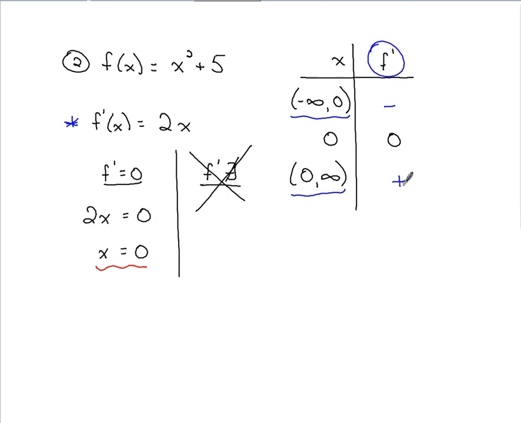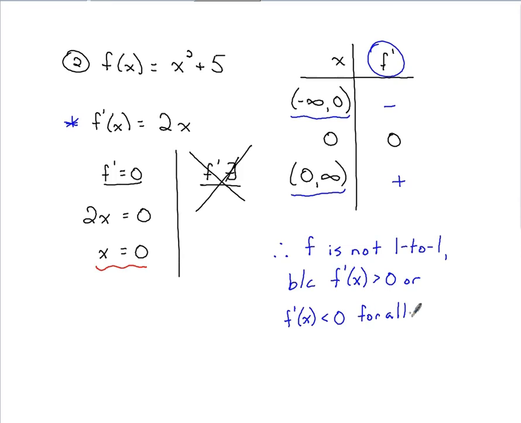So for all the signs that you get back, if those signs are the same, this is a one-to-one function. If they're different, it's not. So obviously these are different. We slap our therefore on there. We say therefore f is not one-to-one. And we say why. The reason is that f prime of x was greater than 0 for the positive stuff, and f prime of x was less than 0 for the negative stuff, for all of our x values.